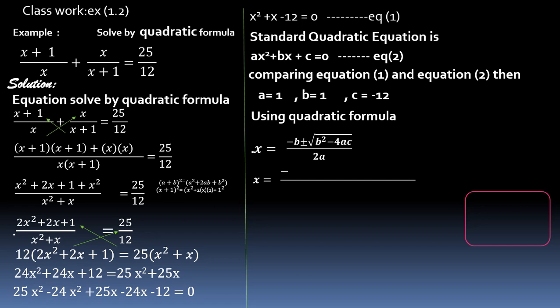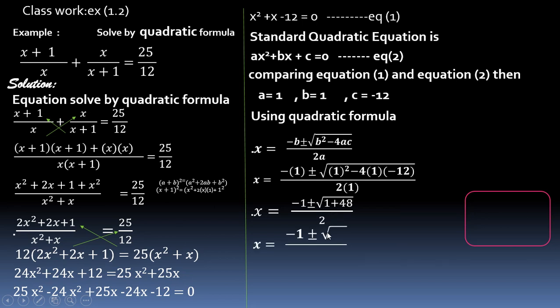Putting the values above: minus b, so minus 1, plus minus the square root of b value 1 whole square minus 4 times a value 1 times c value minus 12, upon 2 times a value 1. Minus times minus is plus, 4 times 12 is 48, and 48 plus 1 is 49.